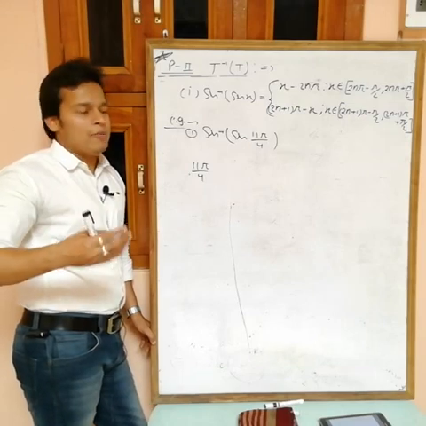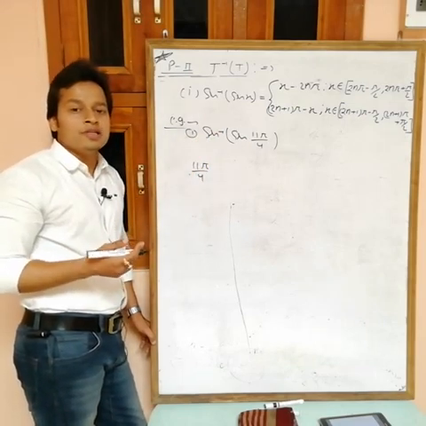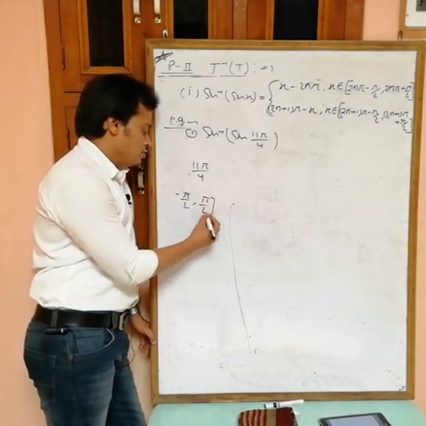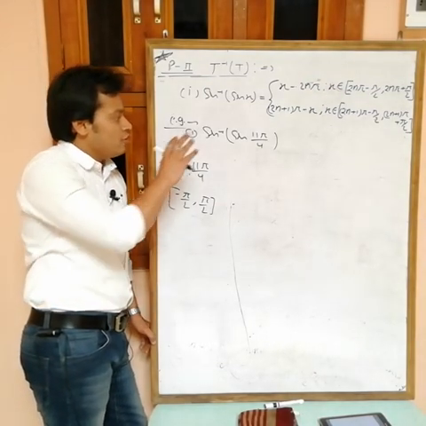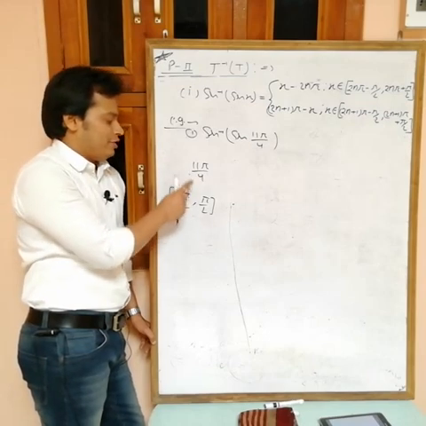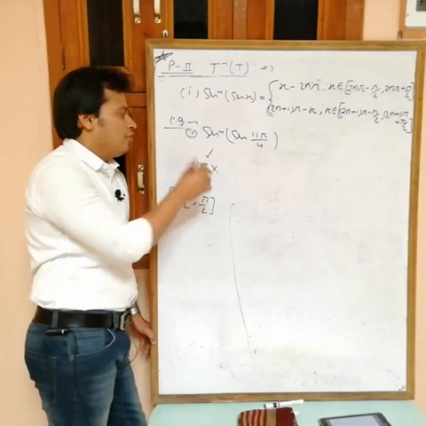Now 11 pi by 4 can't be the value of sine inverse, because the range of sine inverse is minus pi by 2 to plus pi by 2. It means the value of sine inverse can lie only in this interval, and this is not in this interval. This one is greater than pi by 2. So this can't be the value of sine inverse.